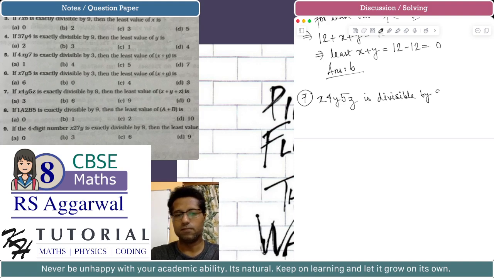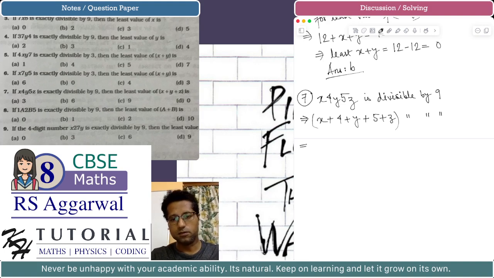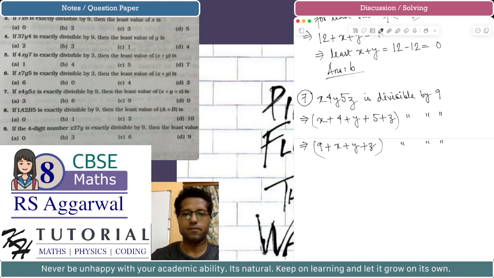Now we know that a number is divisible by 9 when the sum of its digits is divisible by 9. So the sum of the digits is x plus 4 plus y plus 5 plus z. This must also be divisible by 9. This implies that 9 plus x plus y plus z must be divisible by 9.